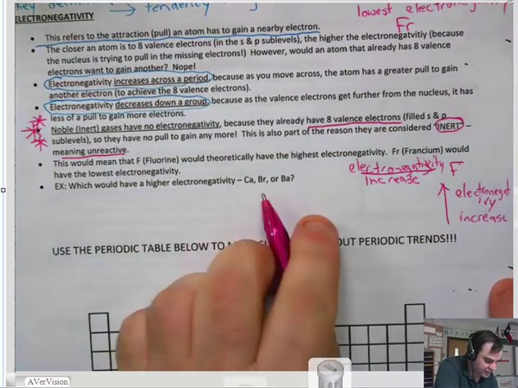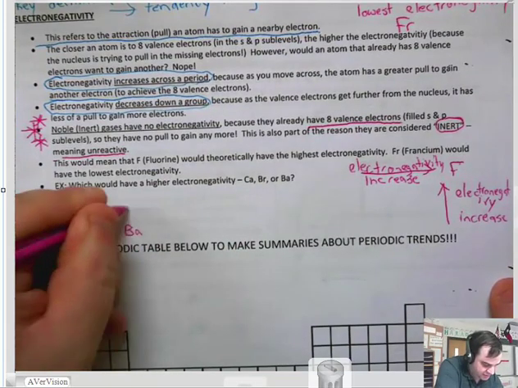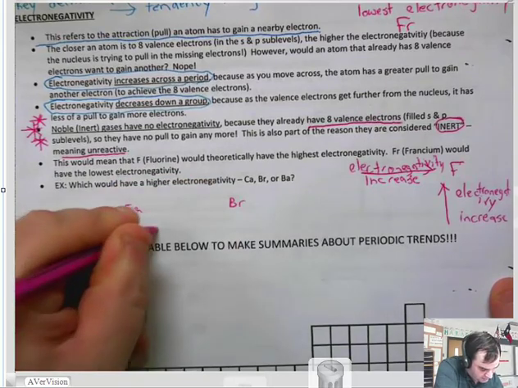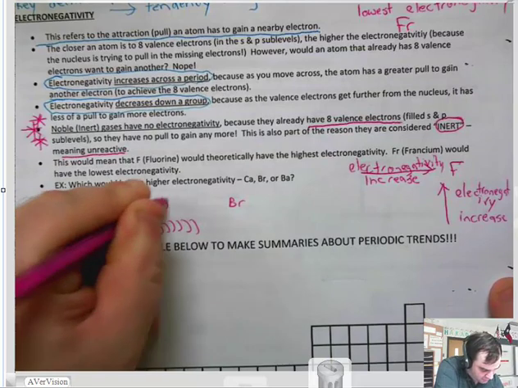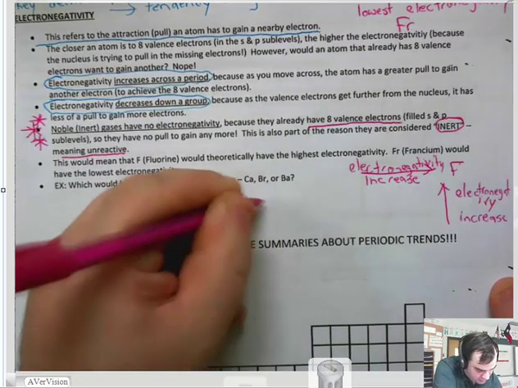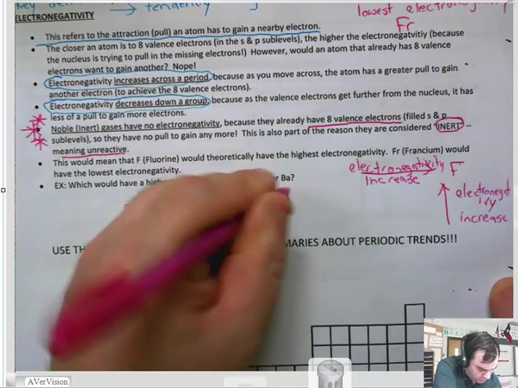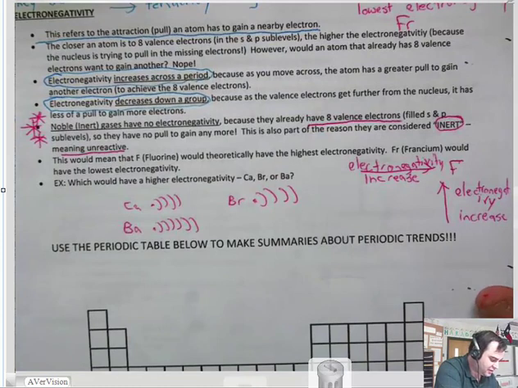So again, if we're looking at calcium, bromine, and barium here, barium is here on the periodic table, calcium is above it, remember, and bromine's over here. Barium has 6 energy levels. Calcium has 4 energy levels. And bromine has 4. Electronegativity is the tendency to hang on to electrons.